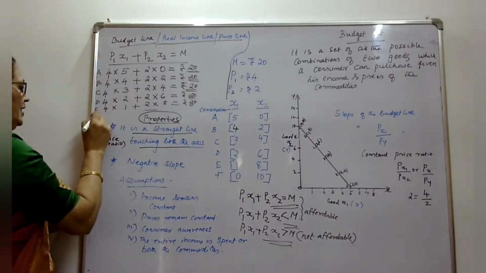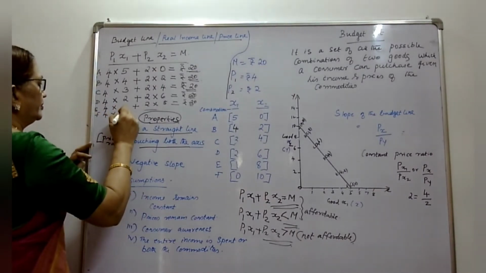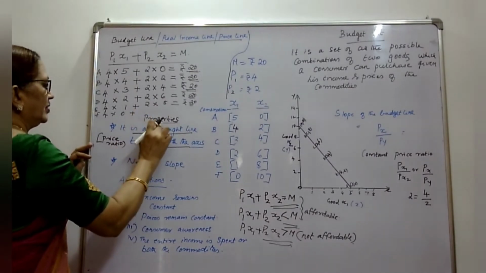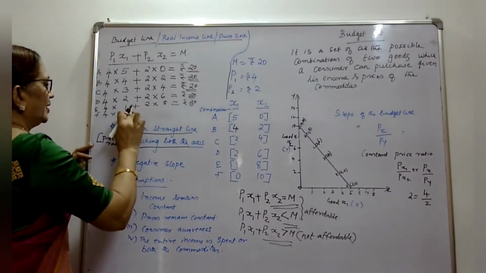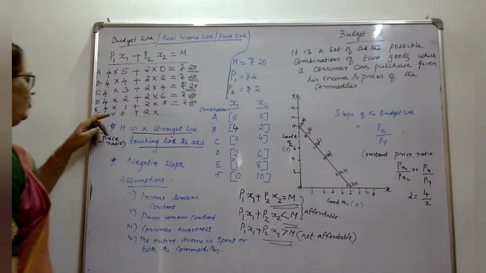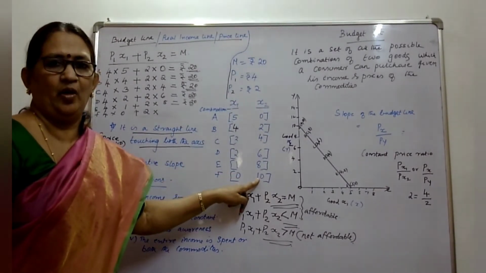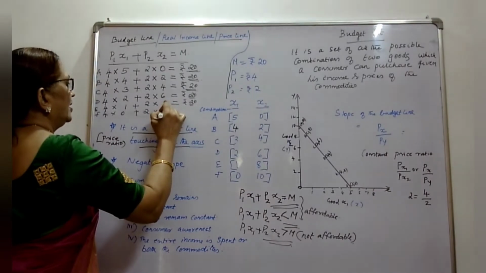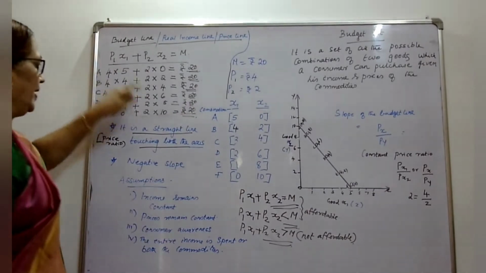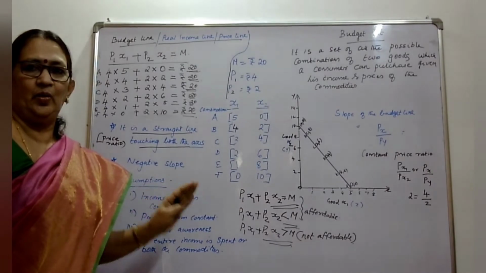Last combination F, 4 into 0 plus 2 into how much? 4 into 0, and the consumer spends his entire income on the x2 commodity, 10, is equal to 20. So this way we now know that all these bundles cost equal to income.